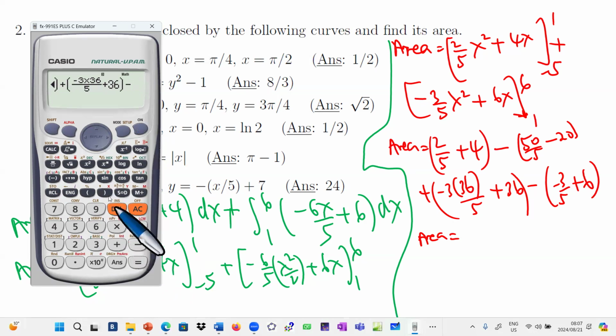You subtract. You open the bracket, minus 3 over 5 plus 6.